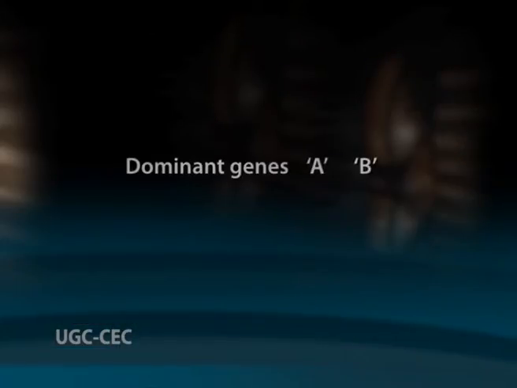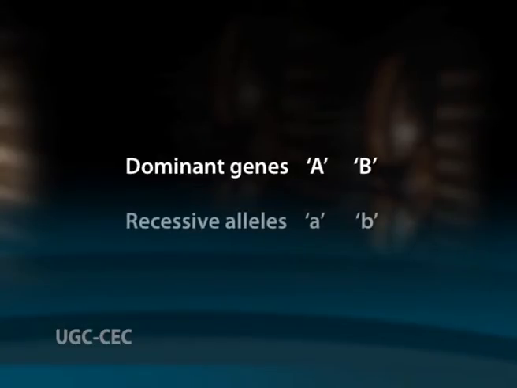For instance, in man, normal hearing is due to 2 dominant genes, capital A and capital B. But the recessive alleles small a and small b of the 2 dominant alleles are epistatic when they are homozygous. The paired recessive allele of one dominant gene masks the expression of the other dominant gene.